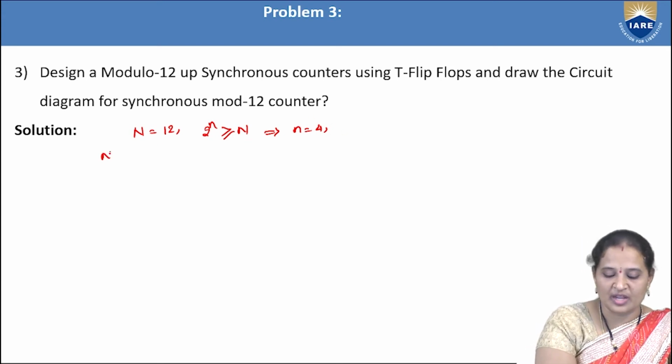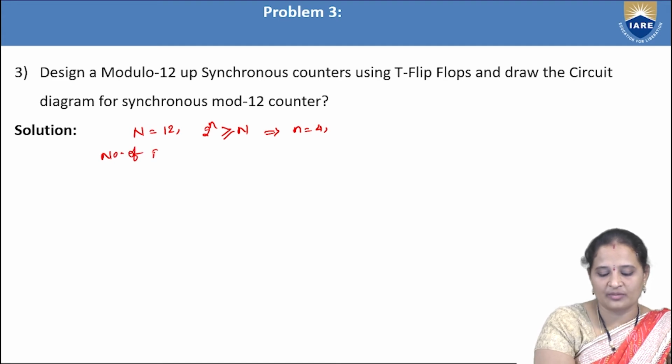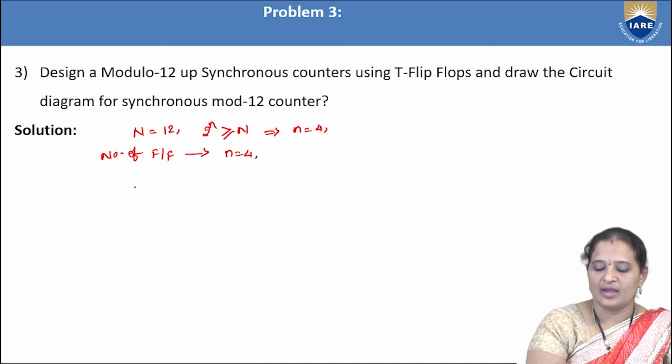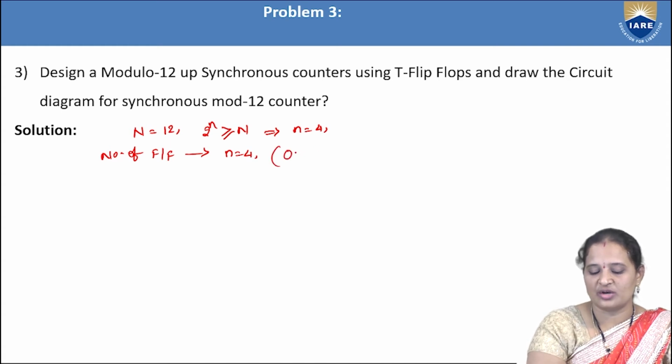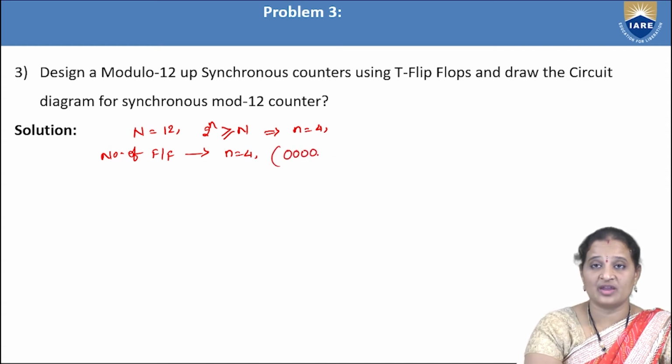That means the number of flip-flops required is n equal to 4. And what are the states that it has to undergo? 0000 onwards. As we are using 4 flip-flops, we'll have a 4-bit state.